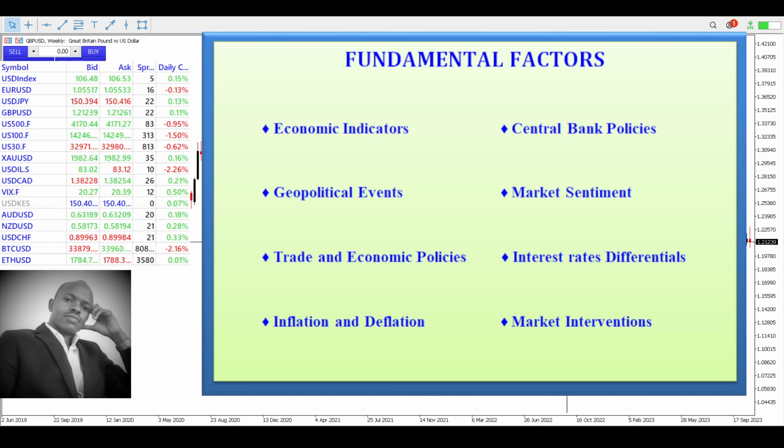For example, when we talk about market interventions in the present day, we all know that each and every day we are waking up to news that the Bank of Japan is likely to intervene on the USD Japanese yen pair. This is because it has been observed that whenever the price of the USD Japanese yen pair reaches 150, the Bank of Japan usually comes in to try and stabilize before the yen falls too much against the dollar.